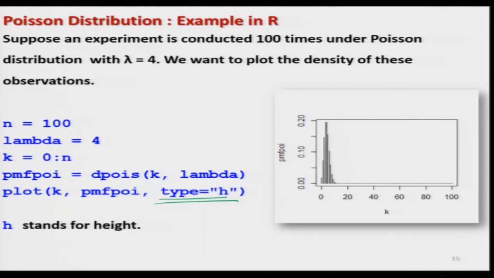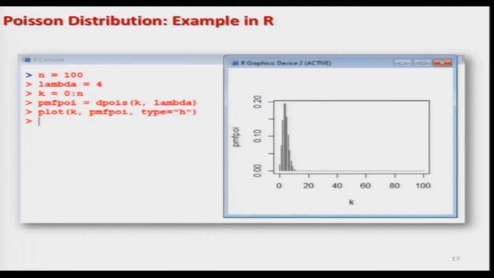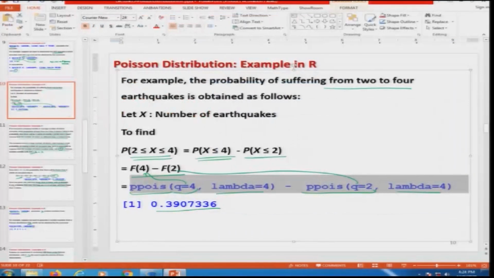If you look at different types of graphics, they will give you different information, and based on that you will get different conclusions. These are the graphics that you have seen, and I will show these things on the R console also, so that you are more convinced.